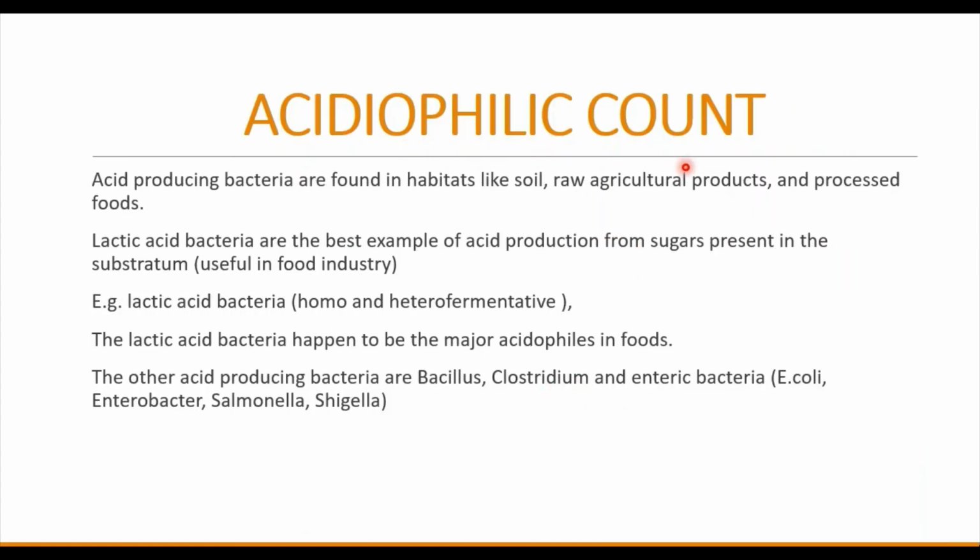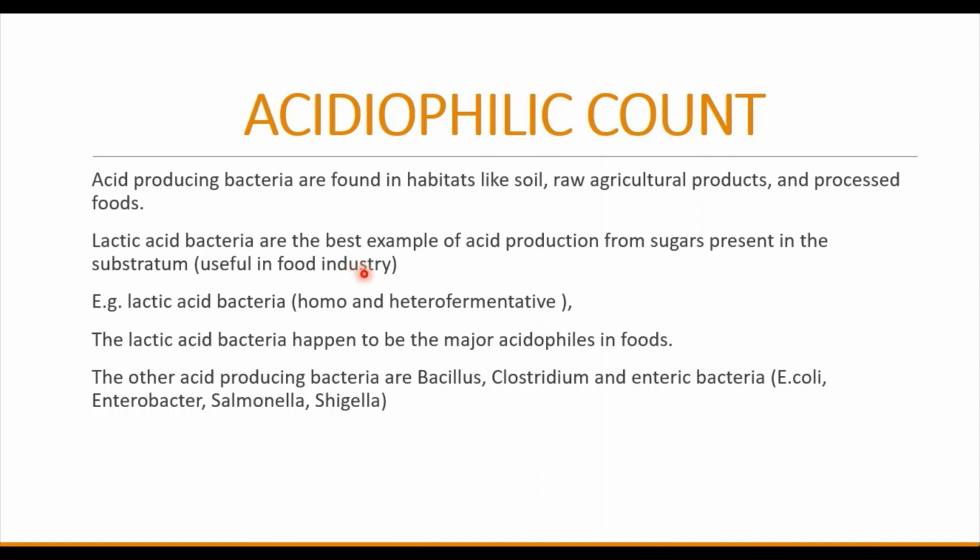Then acidophilic count. The acid producing bacteria are found in habitats like soil, raw agriculture products, and processed foods. Lactic acid bacteria are the best example of acid production from sugars present in the substratum, mainly useful in the food industry.